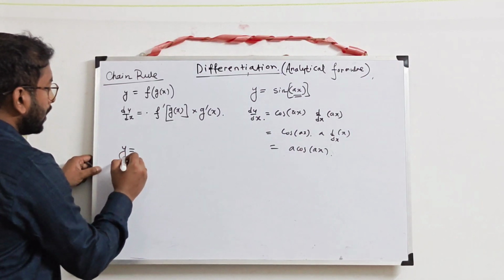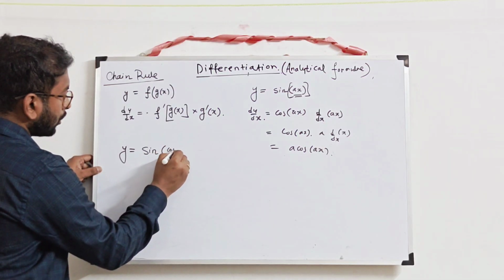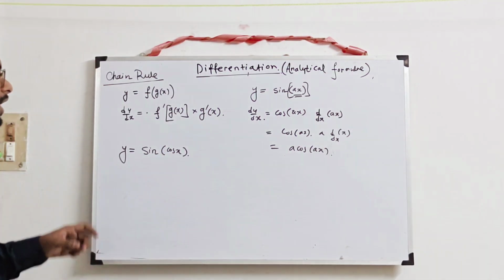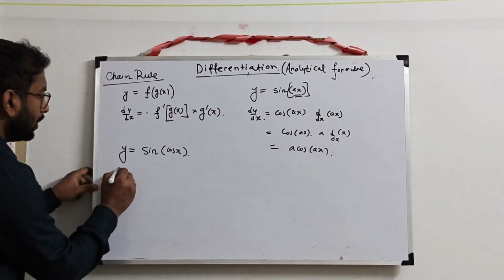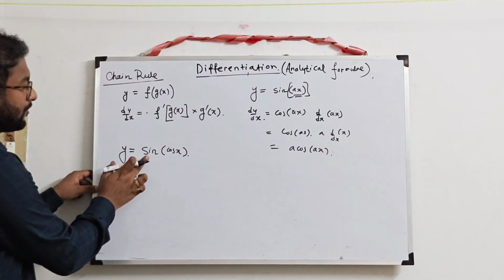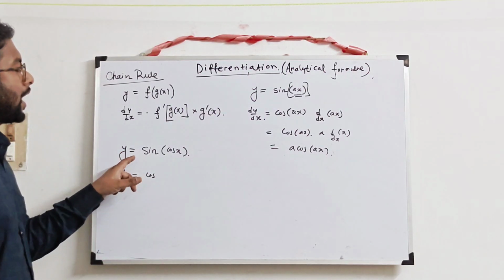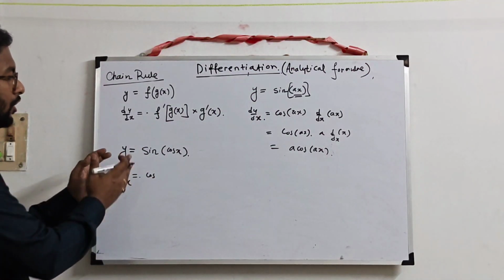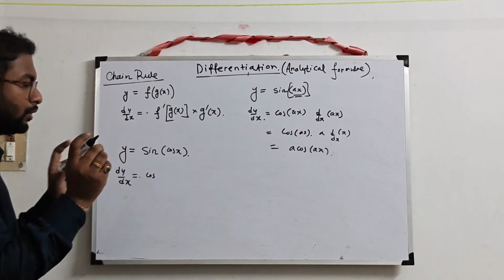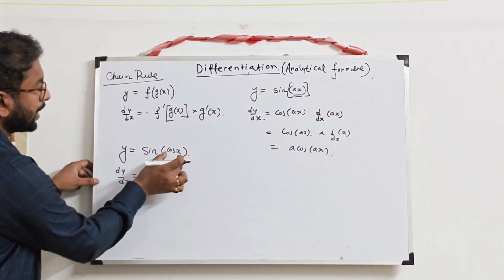Now let me give you another example. Let's say y equal to sine of cos x. How to do the differentiation? First we will differentiate the outside function, that is sine. You know that if you differentiate sine x, you will get cos x. So for sine of cos x, the first term will be cos of cos x, because whatever is inside, you will not consider that.